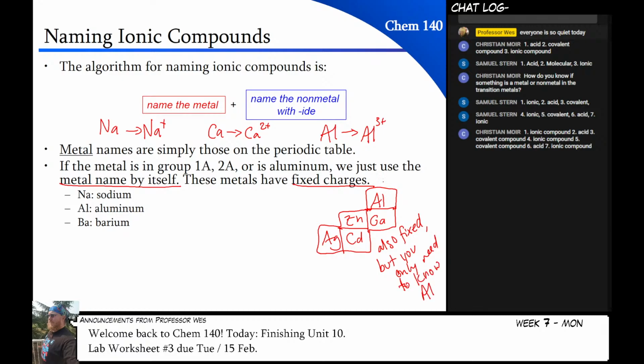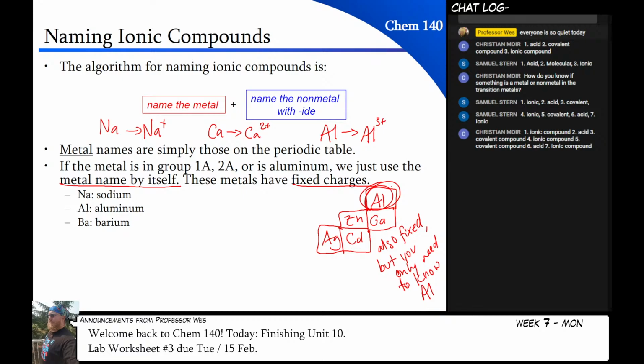And for our purposes, the only one of those that you need to know is aluminum. I don't care if you know that gallium or zinc or cadmium or silver are always fixed charges. For our purposes, you just need to know that aluminum belongs to this group.